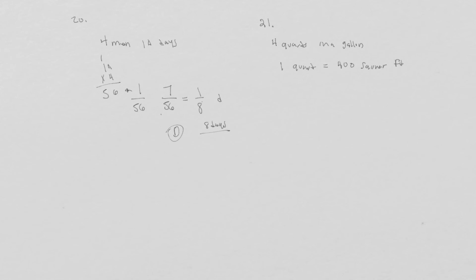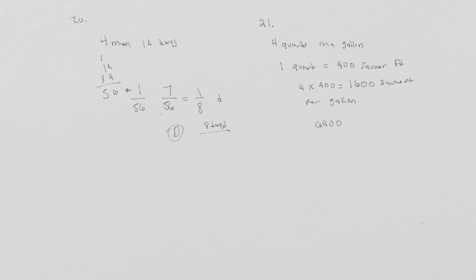Now, 4 times 400 equals 1,600 square feet per gallon. And we need 64.